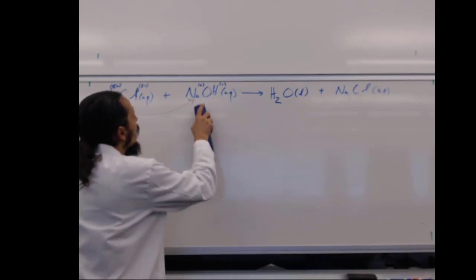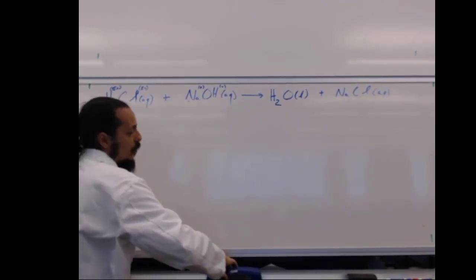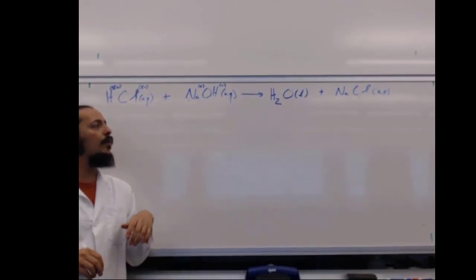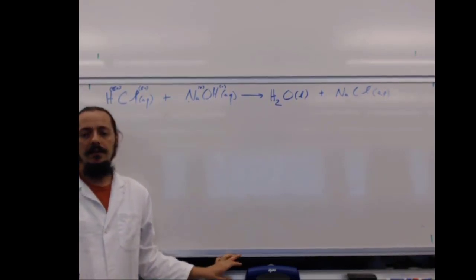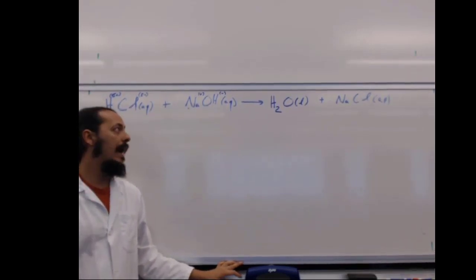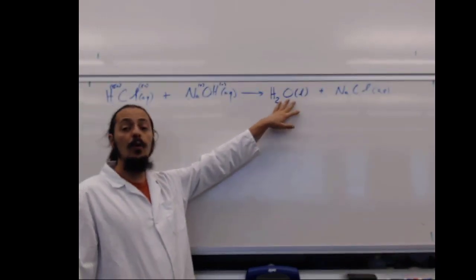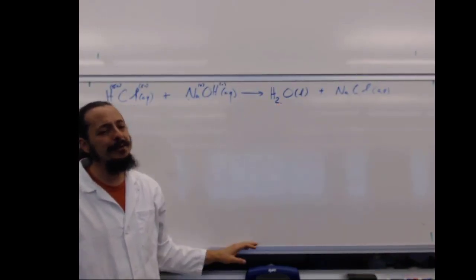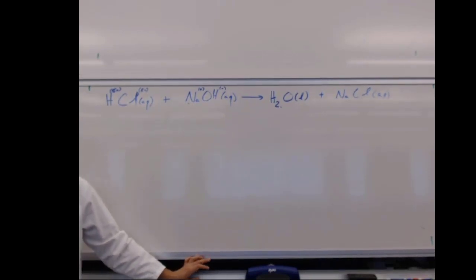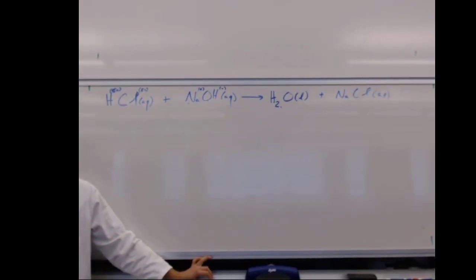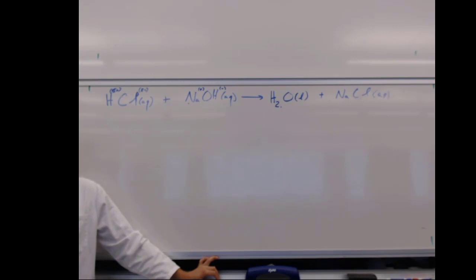So this gives us the kind of really clear signs of what we look for in identifying an acid-base reaction. We're looking for an acid reactant, and we're looking for a water product. That doesn't guarantee that it's going to be an acid-base reaction, but those are the big signs that we're looking for to tell that an acid-base reaction is happening.